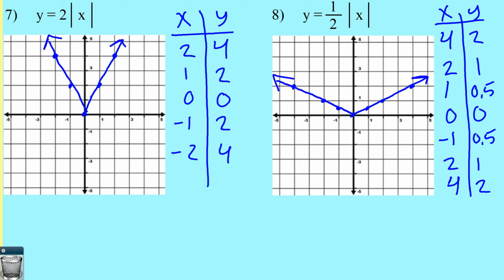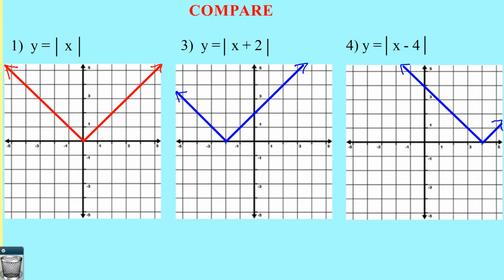All right, so let's look at all of our graphs together and start comparing them. So the first thing we did is we graphed the parent function. Then what we did over here for numbers 3 and 4 is we added a number or subtracted a number. Well, notice when I added the number, I went to the left. Left how much? We went left 2.